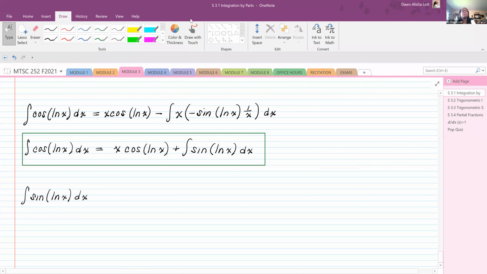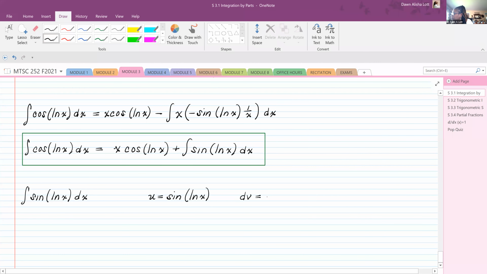Sine ln x. Okay, that's good. Both of y'all started with the same thing. u is the sine of what? Of ln x. Good. And what is dv? It's dx. Good.